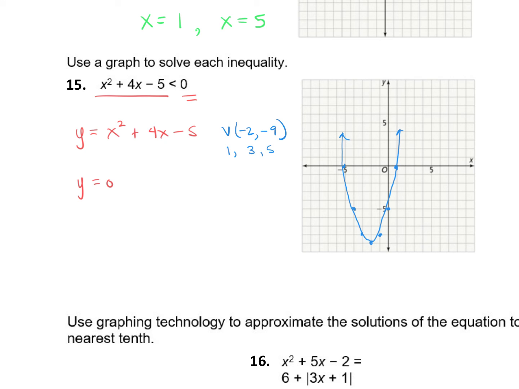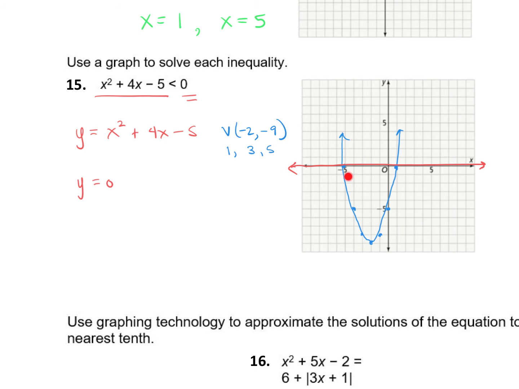Our second function is y equals 0, so we can draw just that horizontal line at 0. And the question is, when is the parabola less than the horizontal line y equals 0? So what that looks like on a graph is, here's our horizontal line. Where is the parabola less than that?